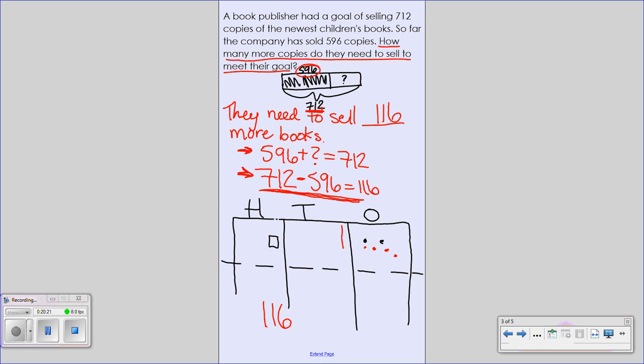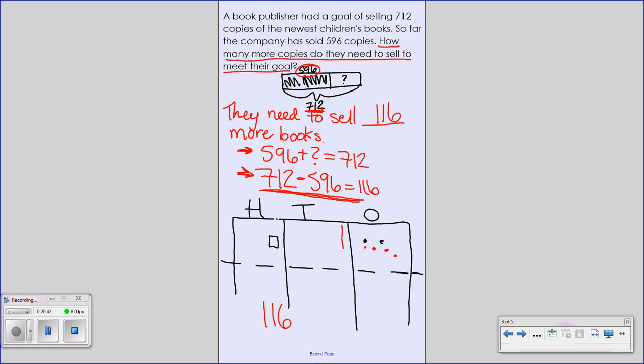Did we get a smaller number than either of our two parts of our equation? Yes. Does that make sense with what we know about subtraction? Yes. Is our answer reasonable? Yes. Did I say, is it correct? No. I want to know, does it make sense?